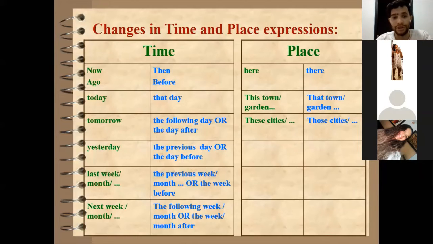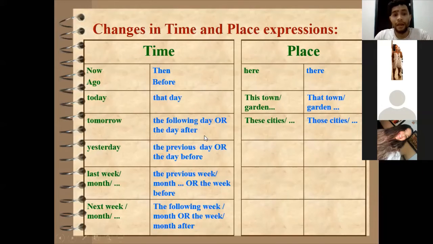This is how we use it here. The same thing happens with yesterday, but we use the previous day and the day before. Like, I ate pizza yesterday. Johan said that he had eaten pizza the previous day. The previous day or the day before.